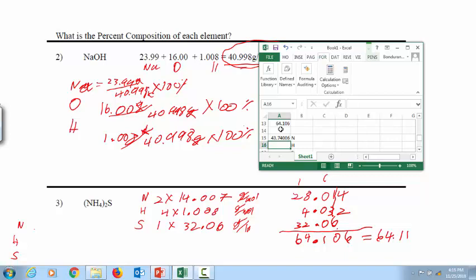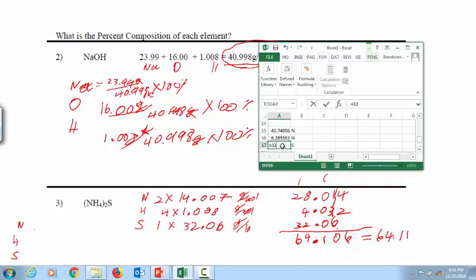And now we go 4.032 equals 4.032 divided by this times 100, and we've got 6.289.